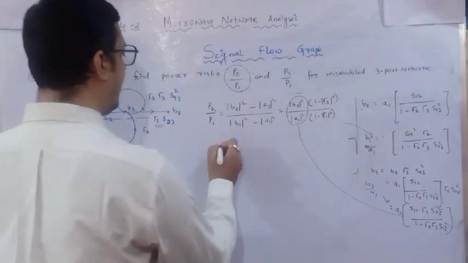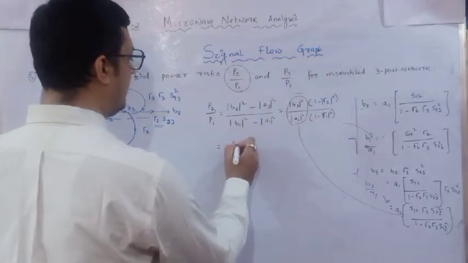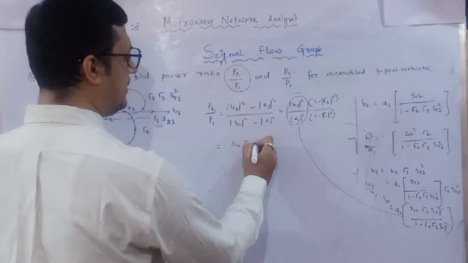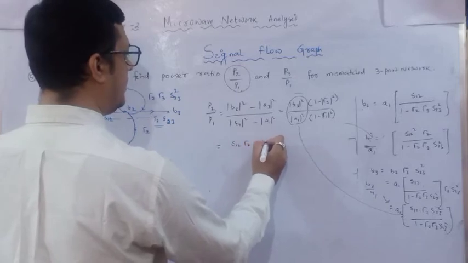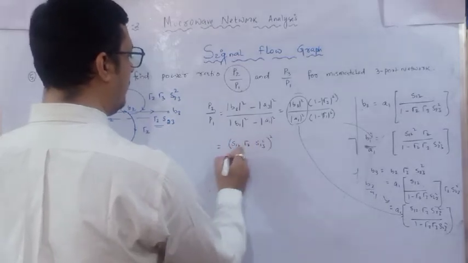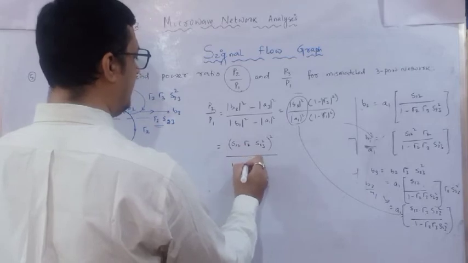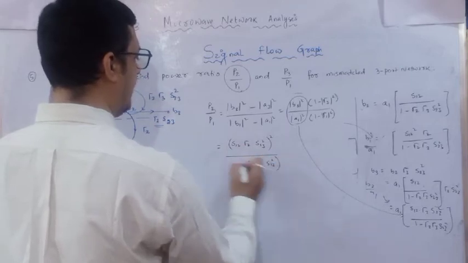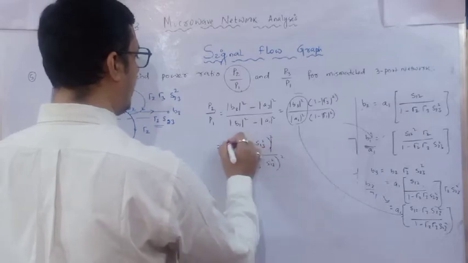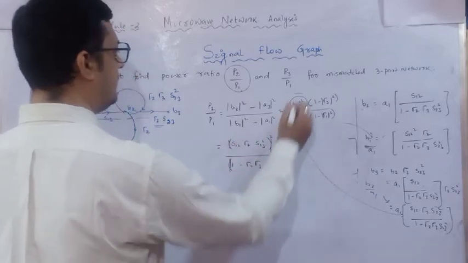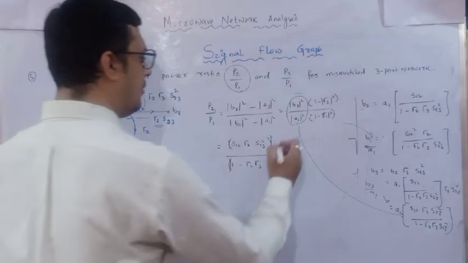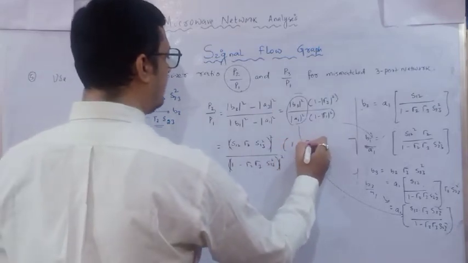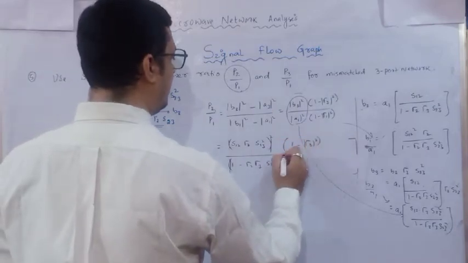If you square that value, you will get S12 reflection coefficient 2 S23 square whole, divided by 1 minus eta 2 eta 3 S23 square whole square. Means these are the mod square. Done. So B3 by A1 is over, whole into 1 minus reflection coefficient 3 square.